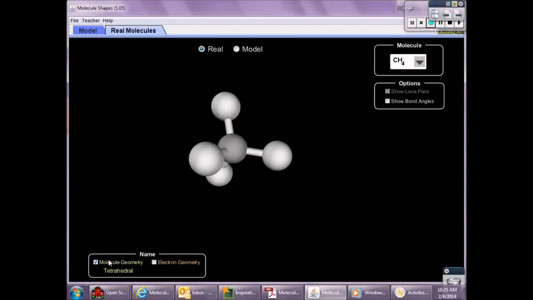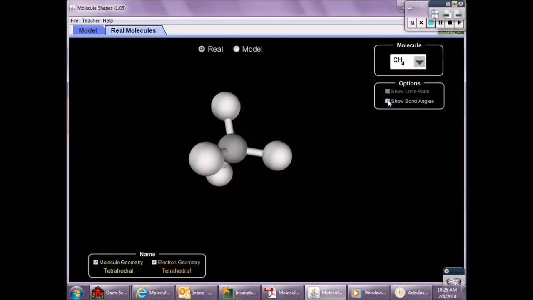Tetrahedral. It is for both because you have four things that are bonded or non-bonded. You have four regions around the central atom, so it is for your electron domain, and it is also for the molecular geometry. It is tetrahedral for both of them. Let me open the name for you. Then let me put the bond angle for you.